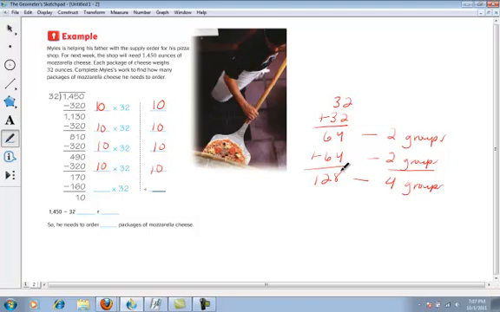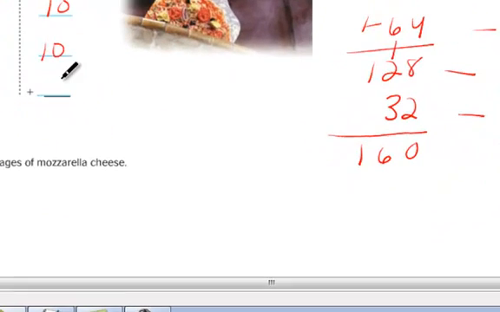Now I'm trying to get to 160, and if I double 128, this is already more than 100. If I double that, it's going to be more than 200. So let's add another 32, which is 1 group. When I add that, I'm going to get 160. So I added 4 groups of 32 and 1 group of 32, and that gives me 5 groups. So I can add 5 groups of 32 to get 160.